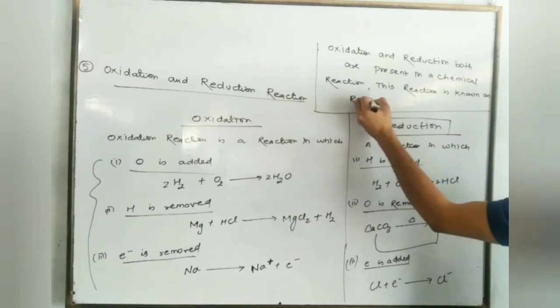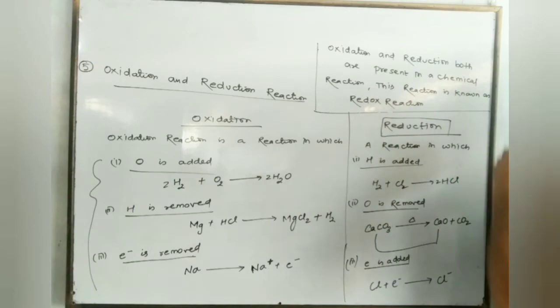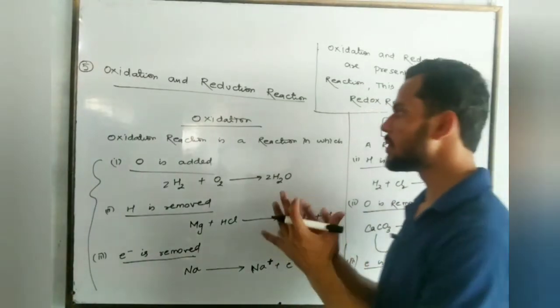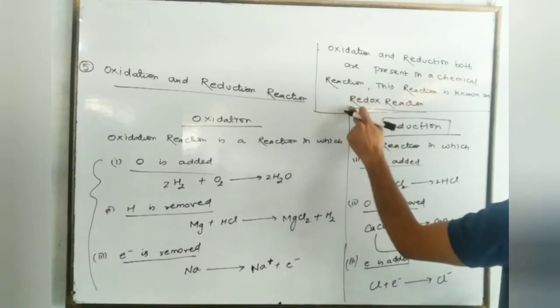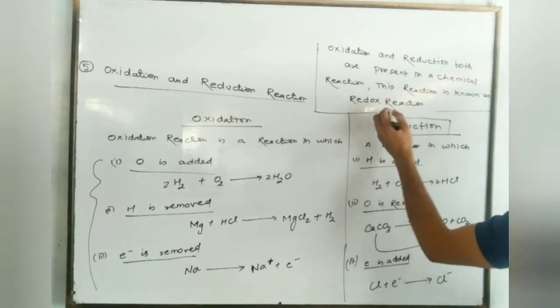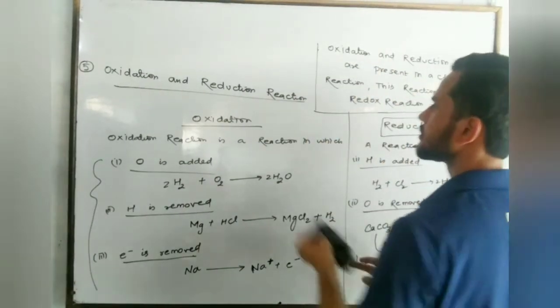So what is the meaning of redox reaction? Redox reaction means oxidation and reduction both take place in only one chemical reaction. Okay, so this reaction is known as a redox reaction.